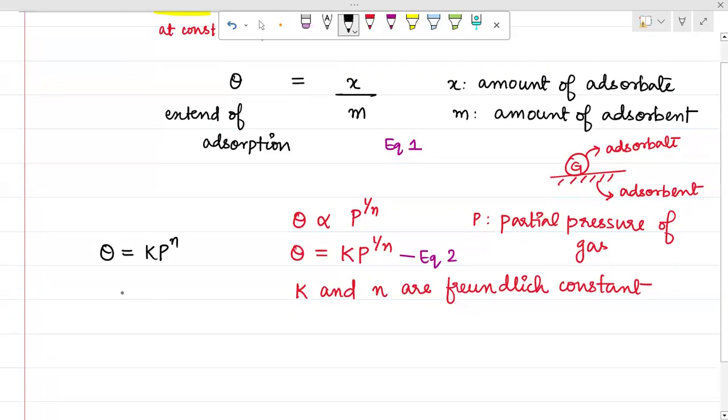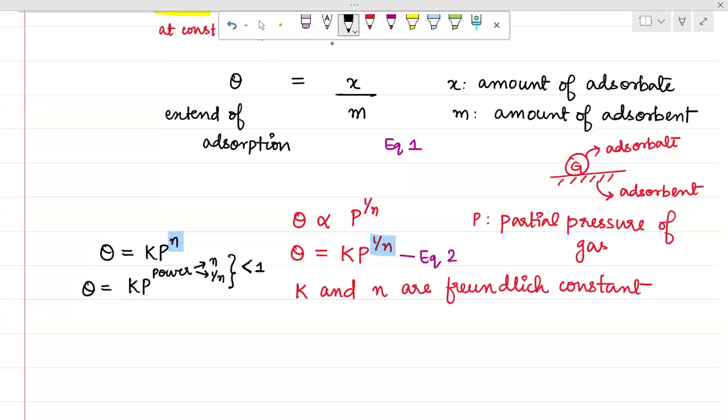Whatever the power is, whether it is n or 1 by n, the power will always be less than 1 and above 0, usually. Different textbooks use different notations, and it's fine even if you see n or 1 by n. So please don't get confused looking at that.